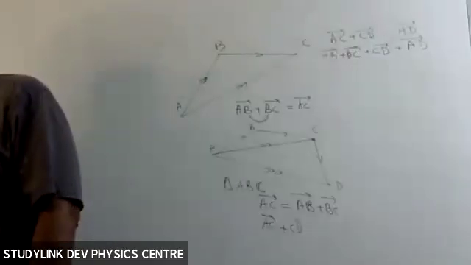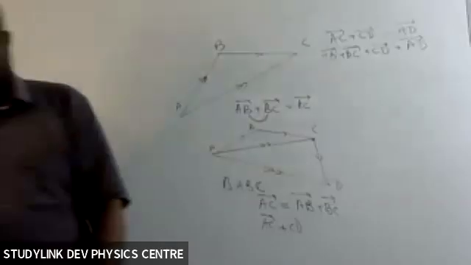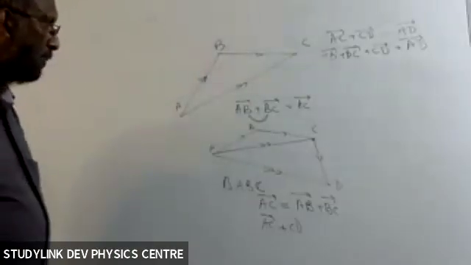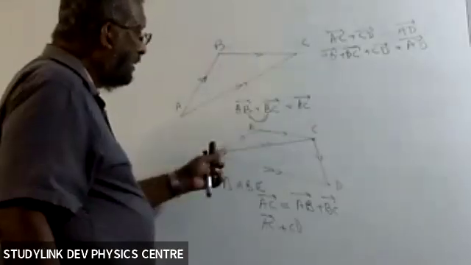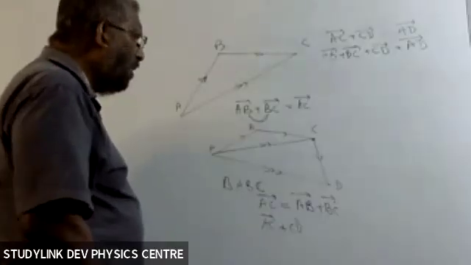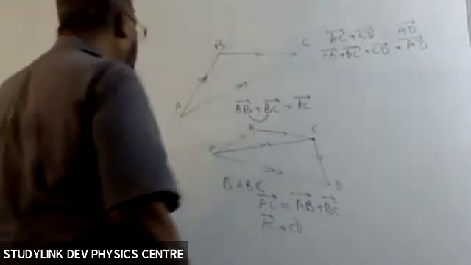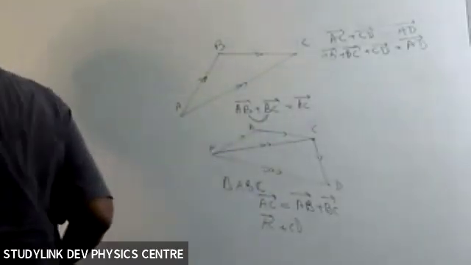When you want to get the addition of more than two vectors, then we can use this method in an extended way. But it is not always needed to get the diagram and do it. Not needed all the time.